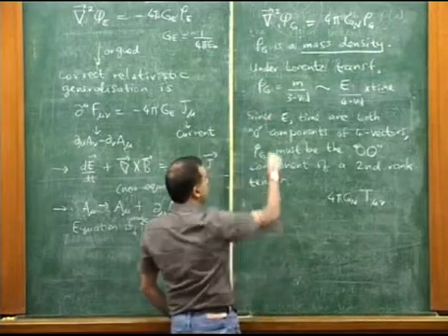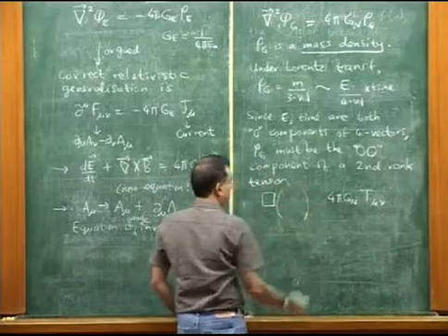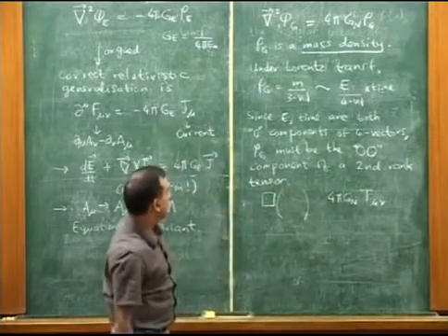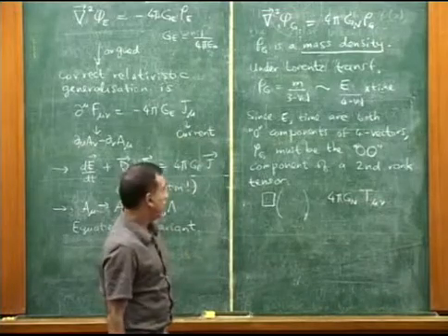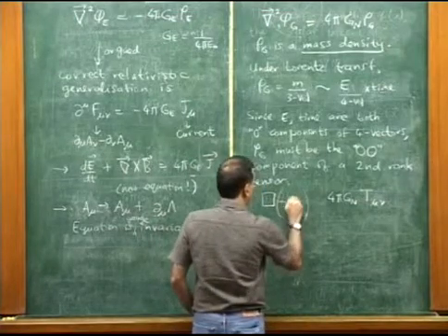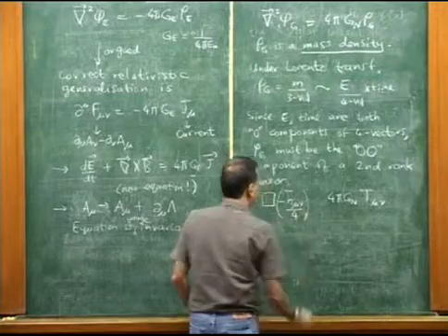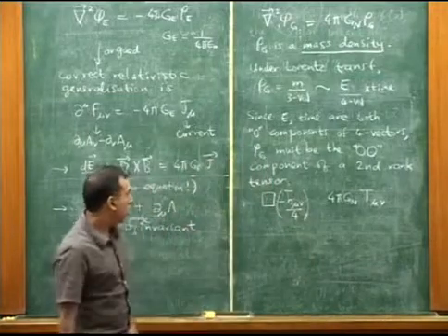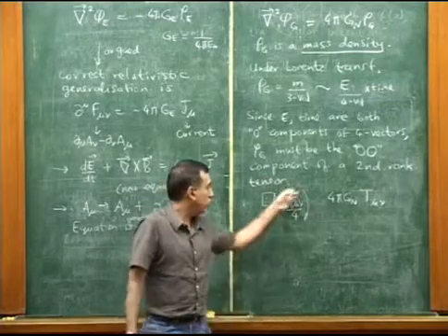And here I must put some variable which is a second-rank tensor whose 0,0 component is phi. Now for purely conventional reasons, I am going to call that minus h-bar mu nu upon 4. What I call it, you can't argue with whether I call it h or h with a bar. There's a reason for the bar.